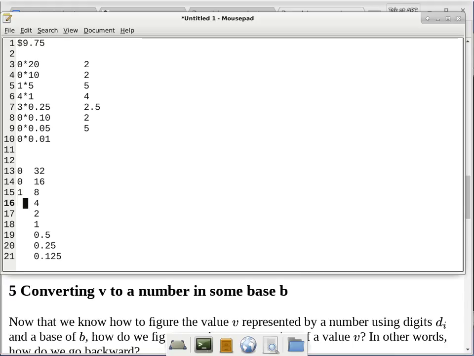So after the 8, I only got $1.75 left, so I don't need a 4. I don't need a 2, but I do need a 1. That takes care of the $9. We got 75 cents left. So we'll take one half and one quarter.